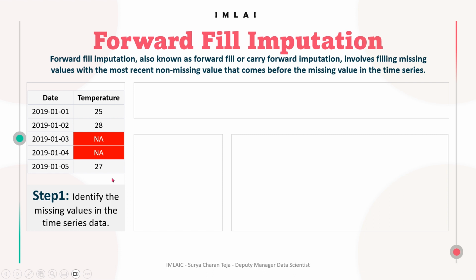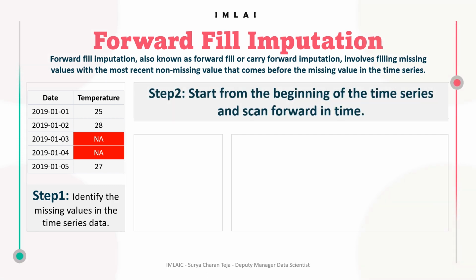Step 2 is to start from the beginning of the time series data and scan forward in time. That means first month, January, day 1, then day 2, day 3, and so on, then February, then March. Like that, you start from the beginning and scan forward in time.